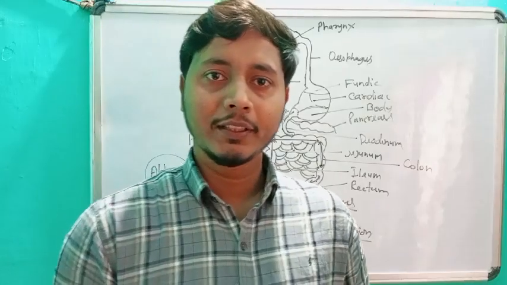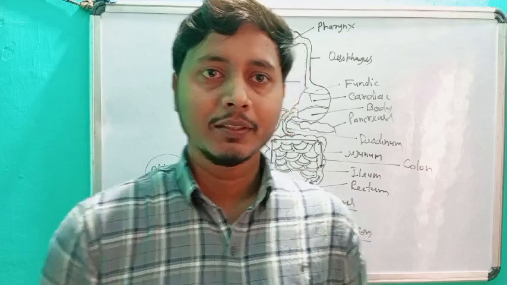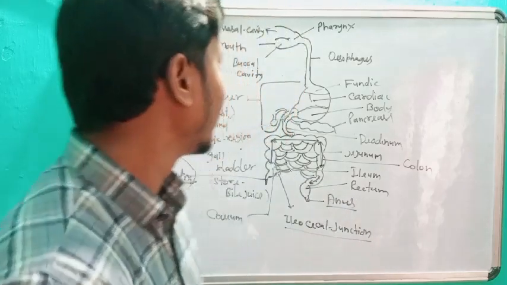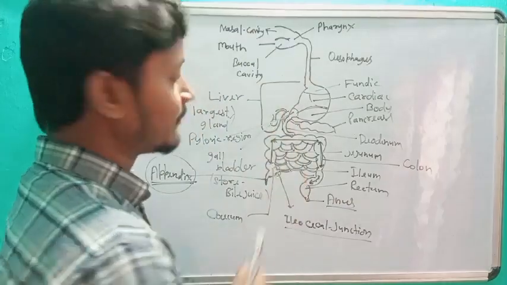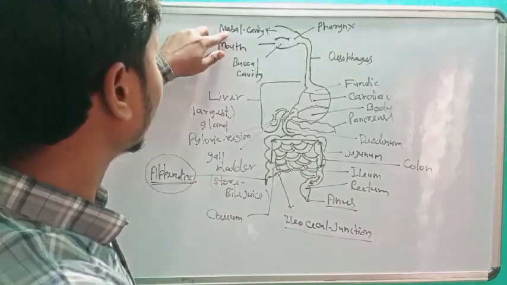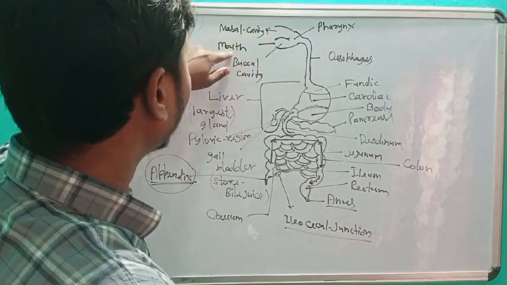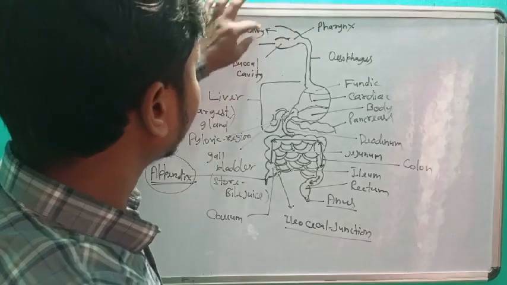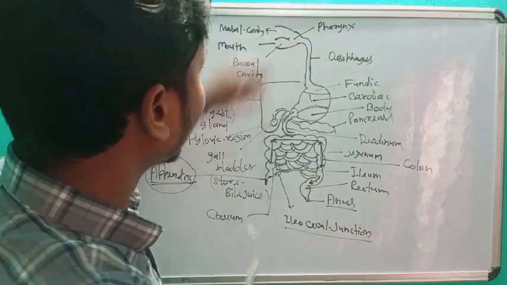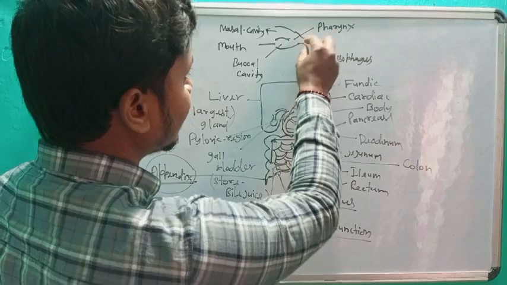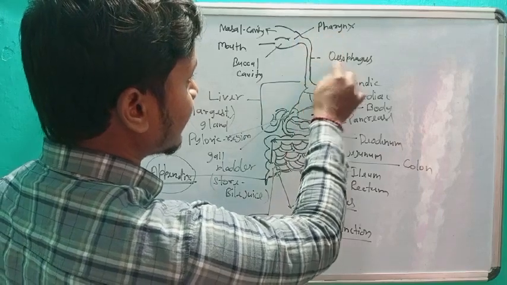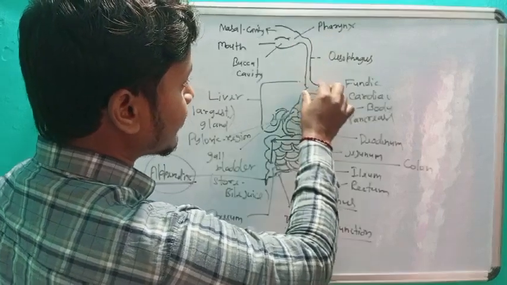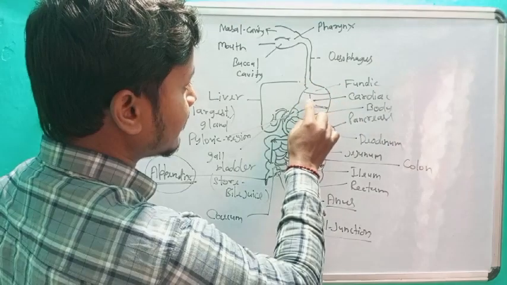So today we learned about the structure of the human digestive system. The first portion is the nasal cavity and mouth, the buccal cavity. The buccal cavity and nasal cavity commonly open into the pharynx area. The pharynx opens into the oesophagus, and the oesophagus enters the stomach.